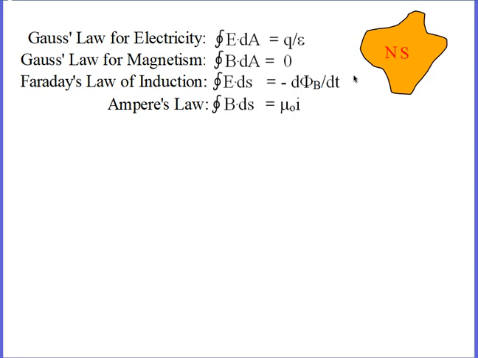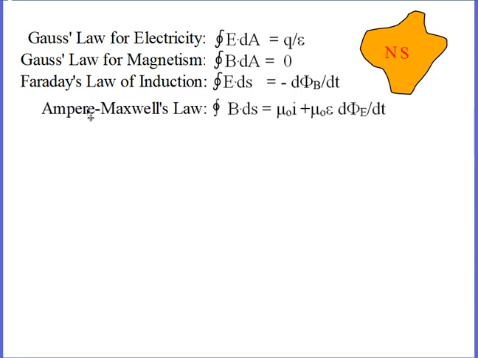So I understand why we don't have that, but why don't we have the rate of change of electric flux? And that's what Maxwell said as well. And so he modified Ampere's law to not only have Ampere's law part, but this contribution where the rate of change in electric flux gives rise to magnetic field as well.